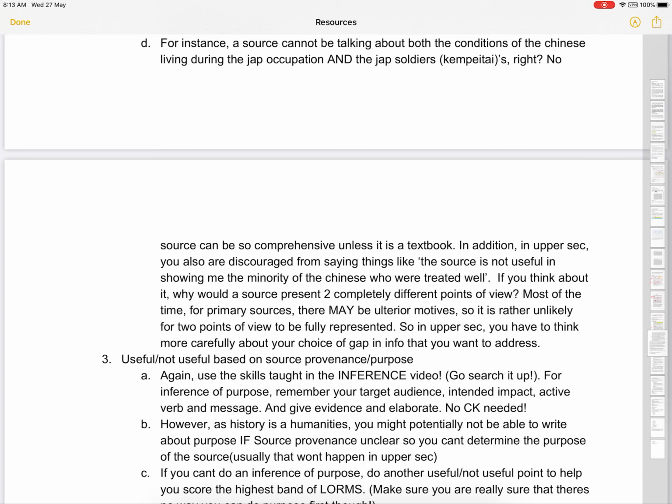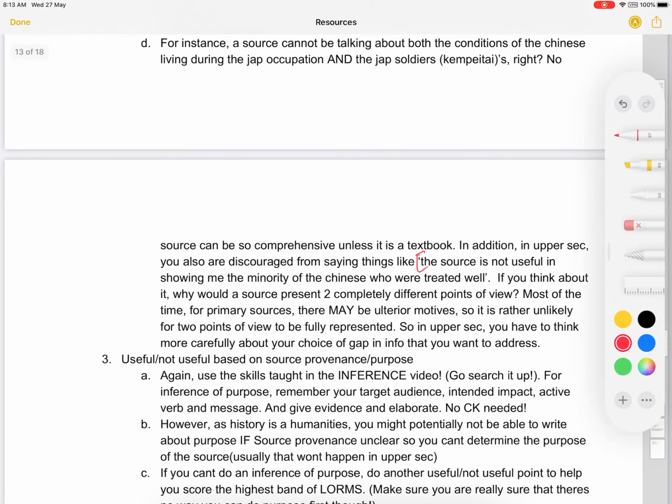So you must be realistic in saying your gap of information. In addition, in upper sec, you are also discouraged from saying things like the source is not useful in showing me the minority of the Chinese who were treated well. This sentence is in response to the question, how useful is this source in showing the conditions of people living under Japanese rule.